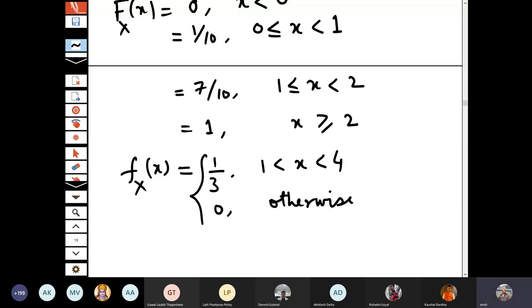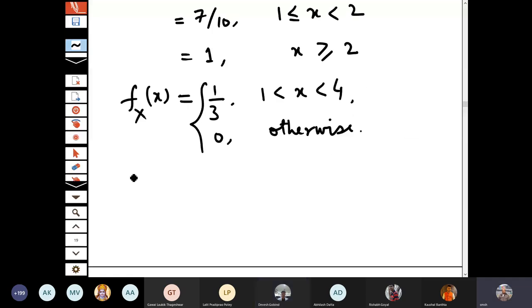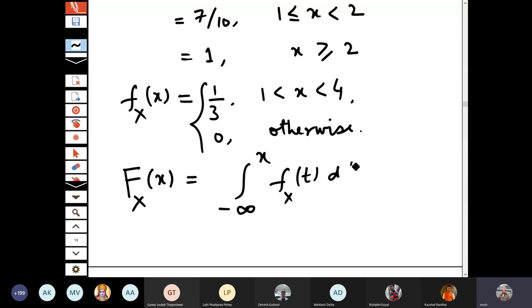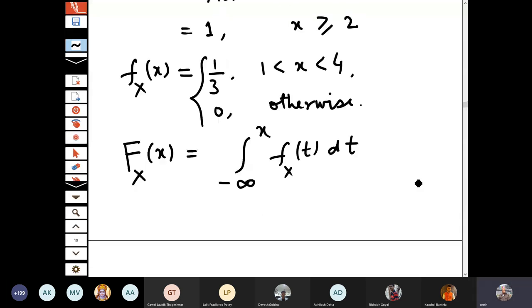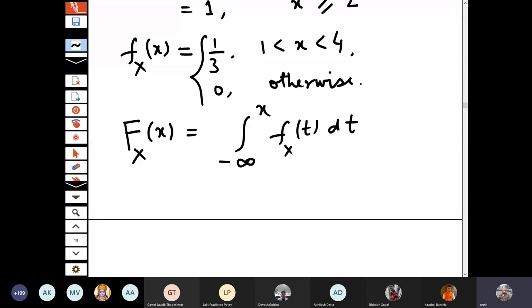Is the sheet visible? Yes, sir, the sheet is visible. So here, see, F(x) is the integral from minus infinity to x of f(t) dt. If you look at this, the density is actually defined to be positive only on the interval 1 to 4.